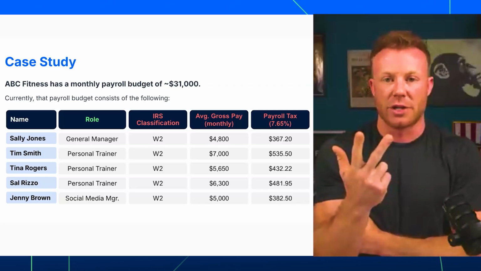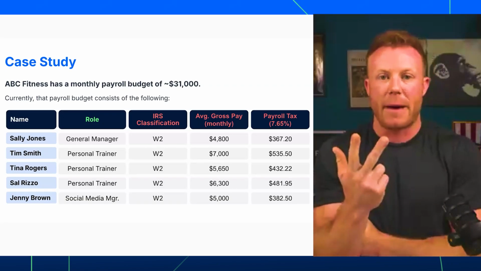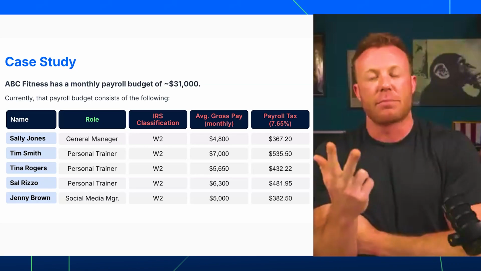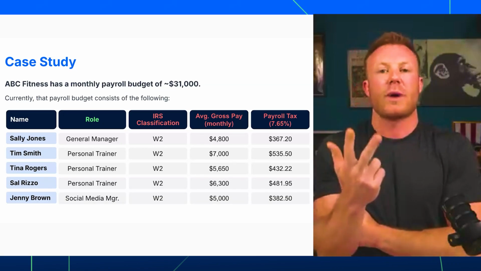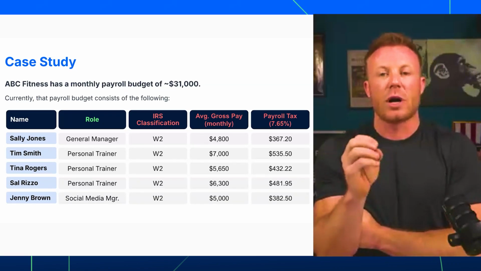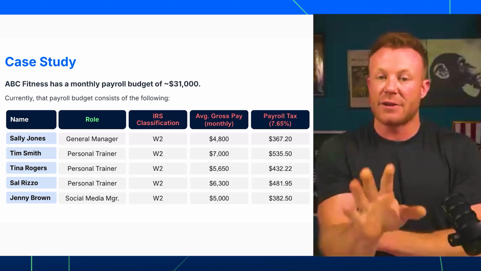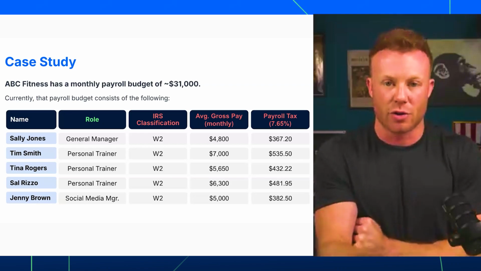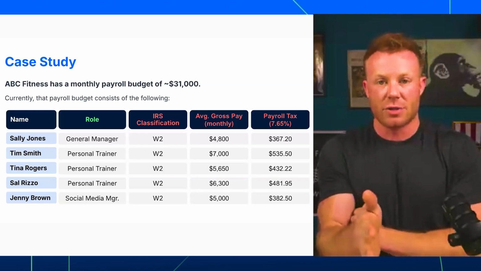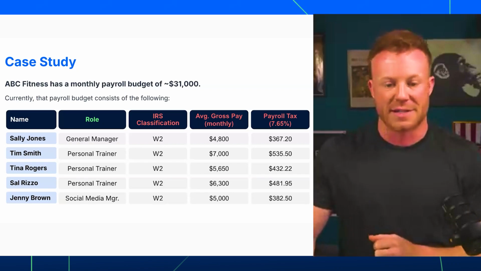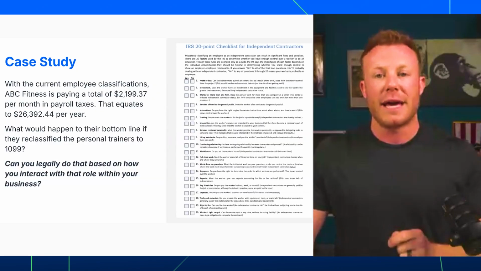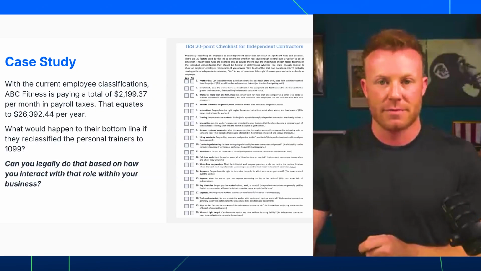They come in, and if someone is training for downhill skiing and they have a bad back, they write the prescription and the programming for that individual. You're not directly overseeing it. There is a case to be made. And again, it just depends on how much control you have over your trainers, that some of these personal trainers, in this hypothetical scenario, could be 1099 contractors.